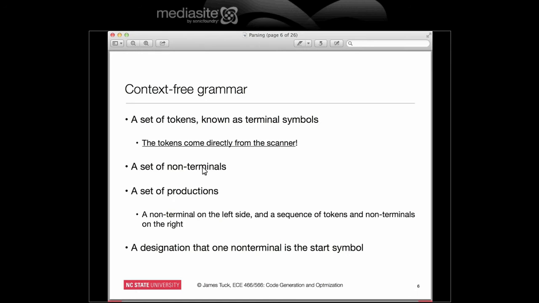Then there are a set of non-terminals. These non-terminals are the things you can create by putting tokens together, like a statement in the C programming language. Then you have a set of productions, and these productions tell you how a non-terminal can be made up of terminals or tokens or other non-terminals. And then we always have a starting point.